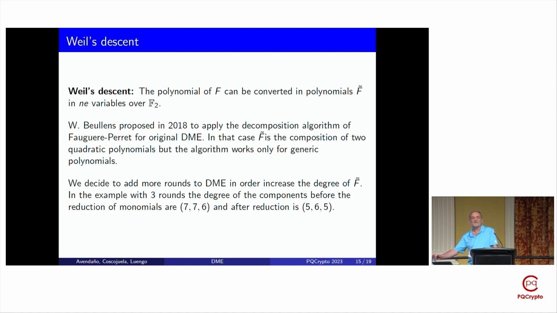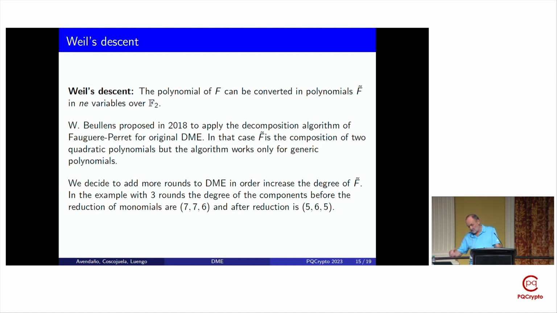Okay, and in fact the attack that Weil proposed was to use the Faugère-Perret decomposition algorithm: you have two generic quadratic polynomials, you compose them, and you get a quartic polynomial, and there is an algorithm to get the original components, but this only works for generic polynomials. It doesn't work for special polynomials. We saw this in the old DME, and in principle, it seems that there is no problem with that.